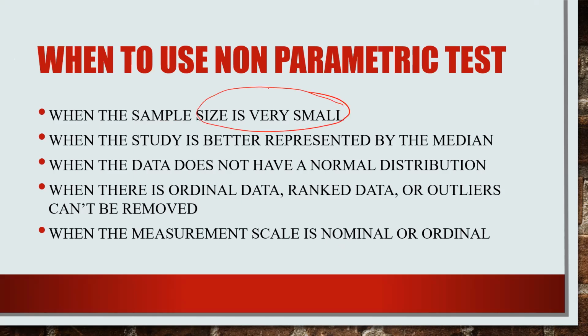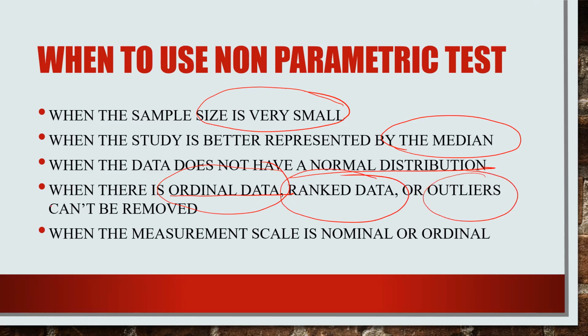When the sample size is very small and instead of mean we must use the median, and where the data is not a normal distribution, is at ordinal scale or we can rank them, and in certain conditions where outliers cannot be removed. And when the measurement scale is nominal or ordinal, under these conditions, we have to use non-parametric test.